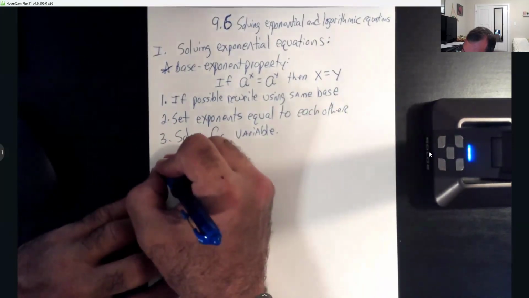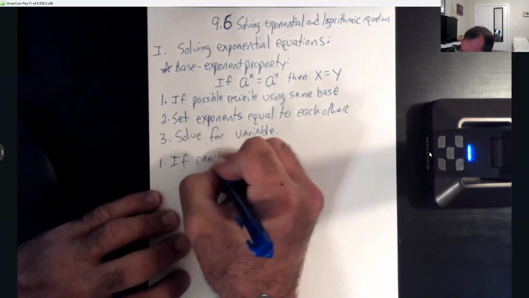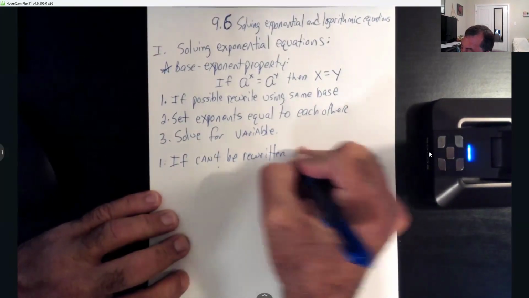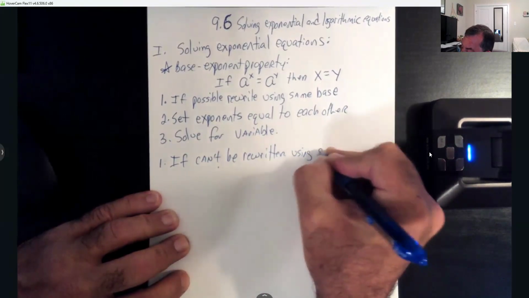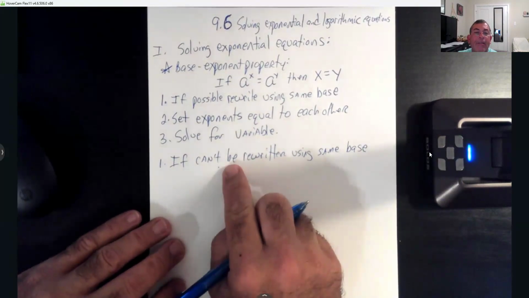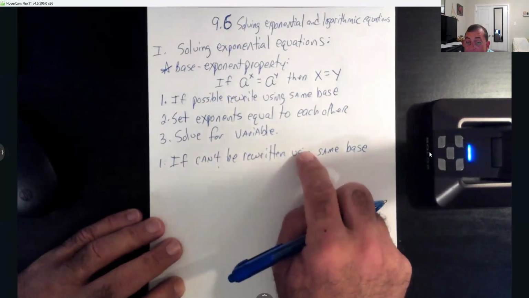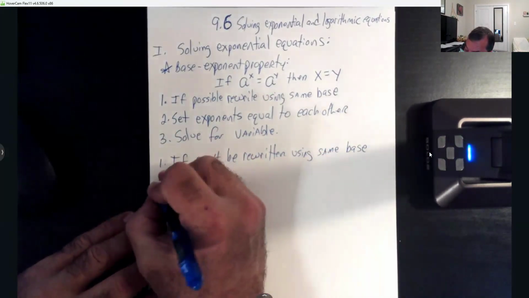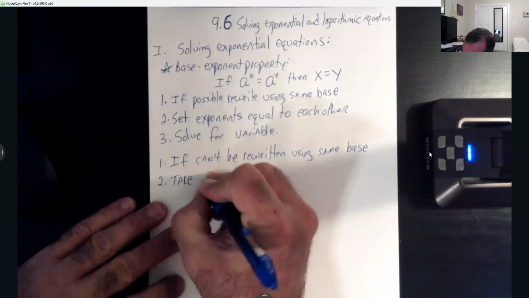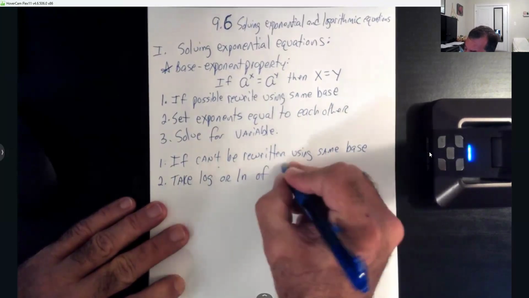Now, if it can't be rewritten using the same base. So I'm either going to be able to rewrite them using the same base and do this. If I can't rewrite them using the same base, I'm going to take the log or ln of both sides.